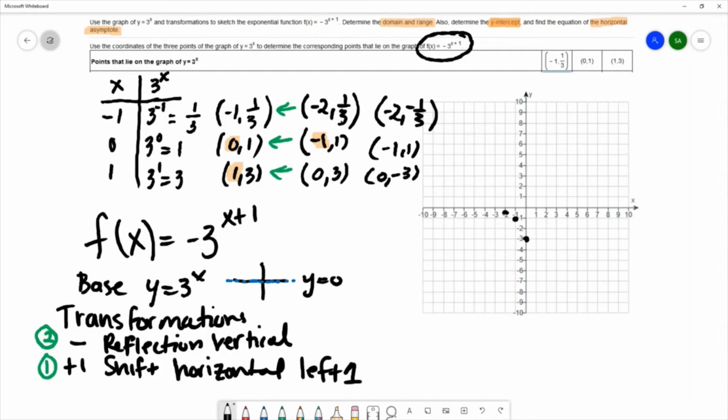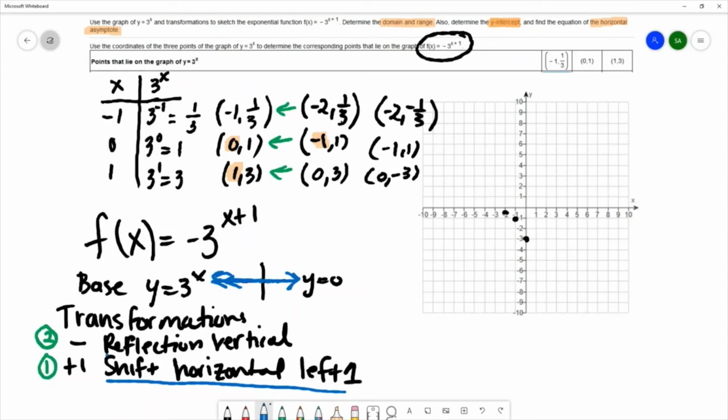So I want us to imagine doing these transformations of shifting left 1 and reflecting on this horizontal asymptote. If you take a horizontal line and you try to move that horizontal line to the left, it will still be the same horizontal line because that line goes on forever in both directions. So the transformation of shifting left 1 unit doesn't affect that horizontal asymptote.